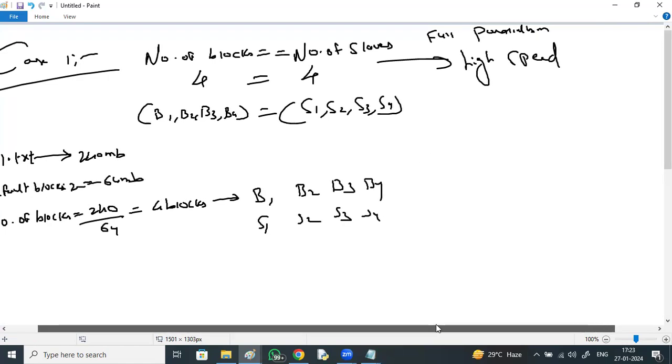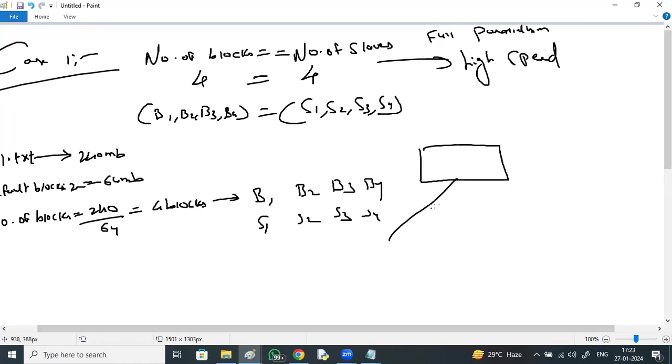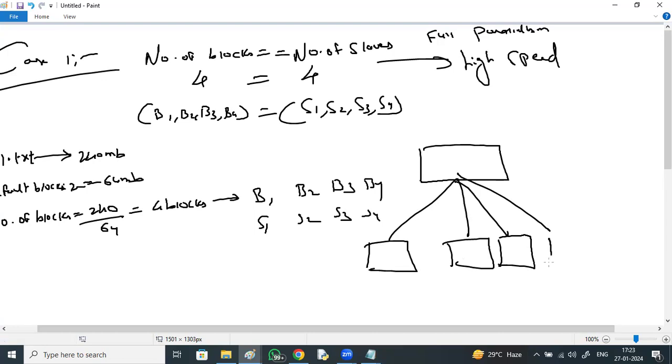Observe, this is the master. These are the slaves. Single master, multiple slaves: S1, S2, S3, S4. B1 in S1, B2 in S2, B3 in S3, and B4 in S4.